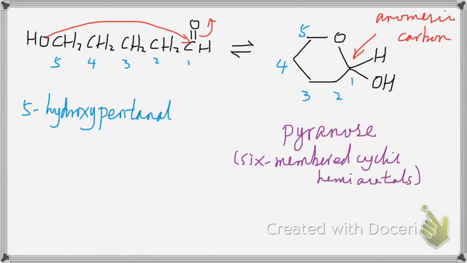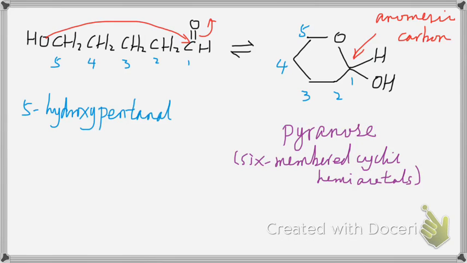All right, now we have some specific terms to introduce in carbohydrate chemistry. If we have a 6-membered ring cyclic hemiacetal for a sugar molecule, we will call it pyranose. So pyranose means the sugar molecule forms a 6-membered ring hemiacetal.